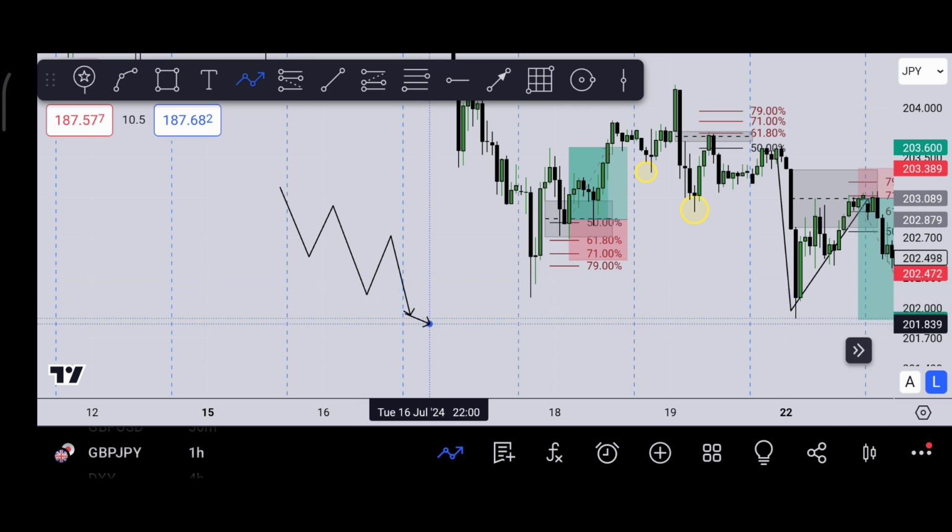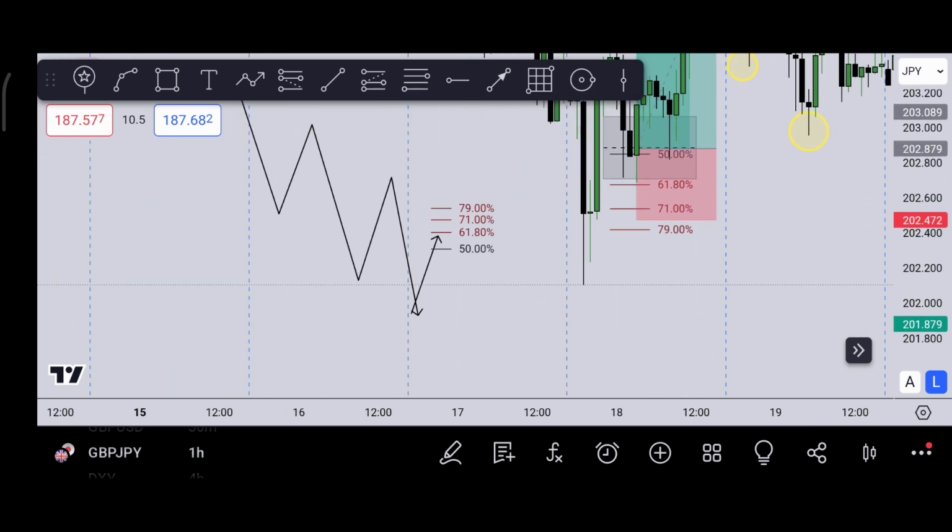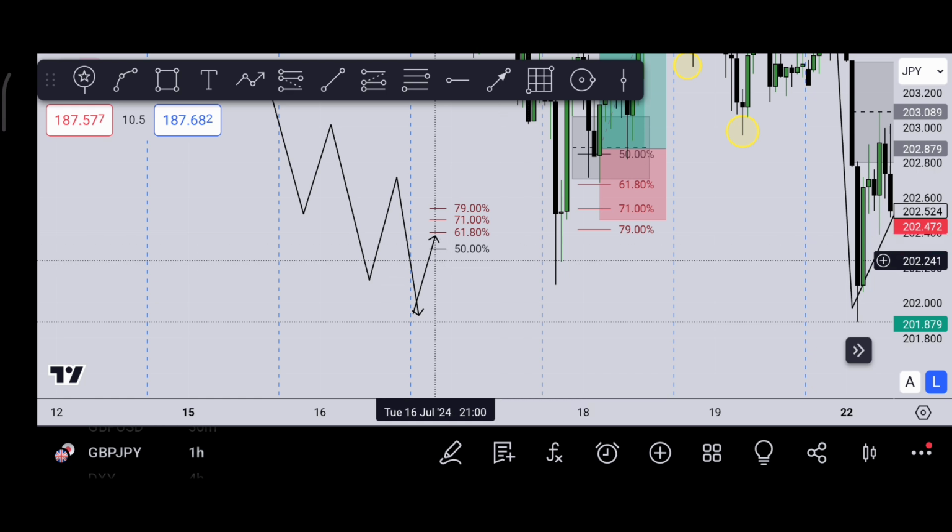So guys, as you can see, here's another example for you. When the market is trending, you have to wait for the market to pull back so you can sell from the retracement. If you go above the 50%, you sell, and if it's buying, it should be below the 50%. Thereby you want to buy when you're on discount and sell at premium.